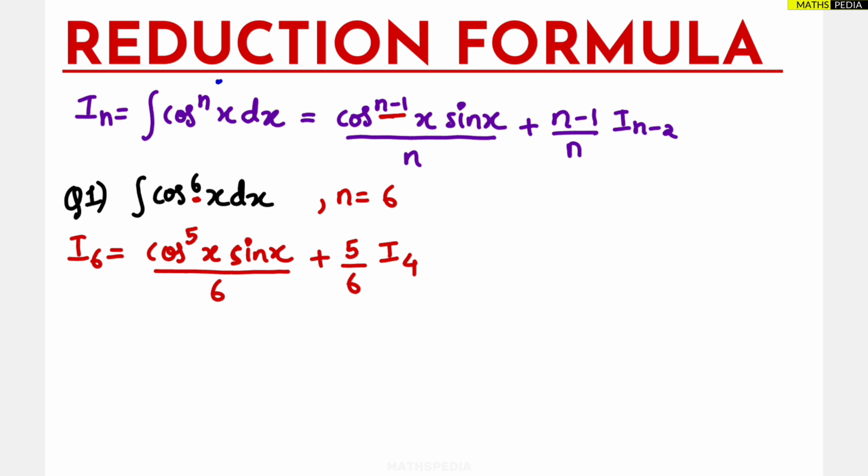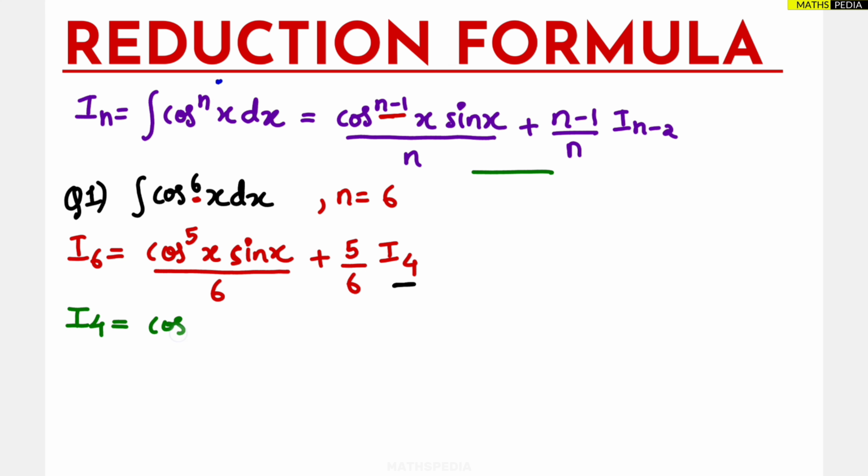Okay, now here we need to understand, I4, we need to find, right? I4. So what is I4? I4 we need to calculate separately, then substitute back here. So n value becomes 4. So I need to substitute in the same formula, right?